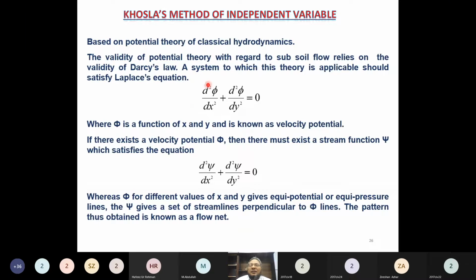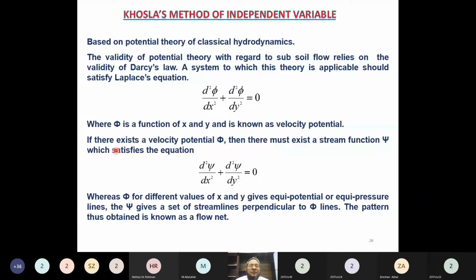So actually, the flow net governing equations for phi and psi are these. d square phi over dx square plus d square phi over dy square is equal to 0. And this is a Laplace equation for phi. And phi, you know very well, is a function of x and y, and is known as velocity potential function.